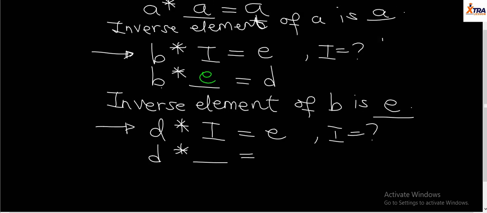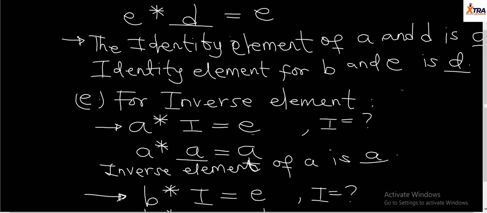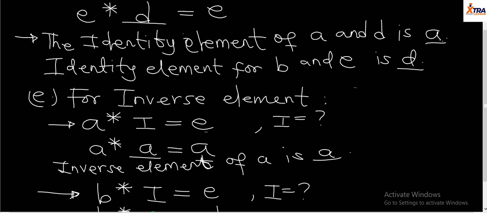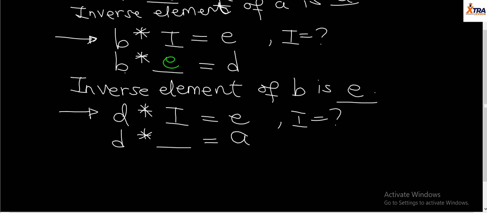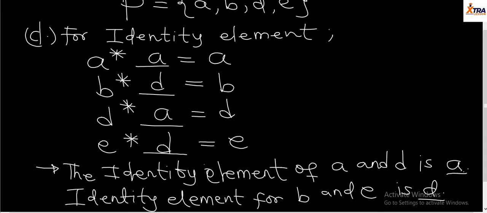Identity element for D was given as A, so we can easily just go back to that and say, since this was given as A, the identity element for D is A. Now you go back to your table, D operation what will give us A.